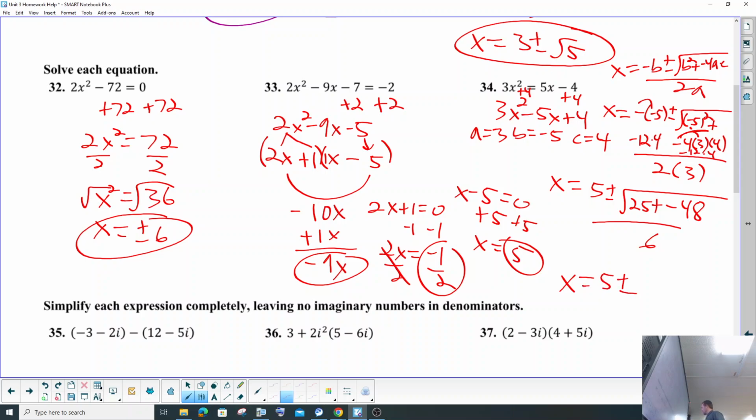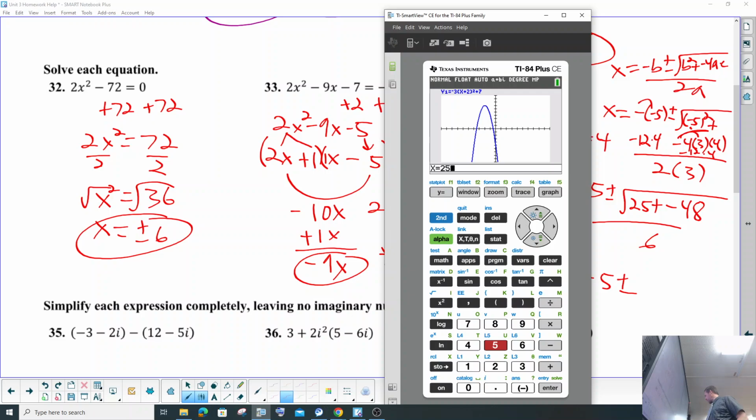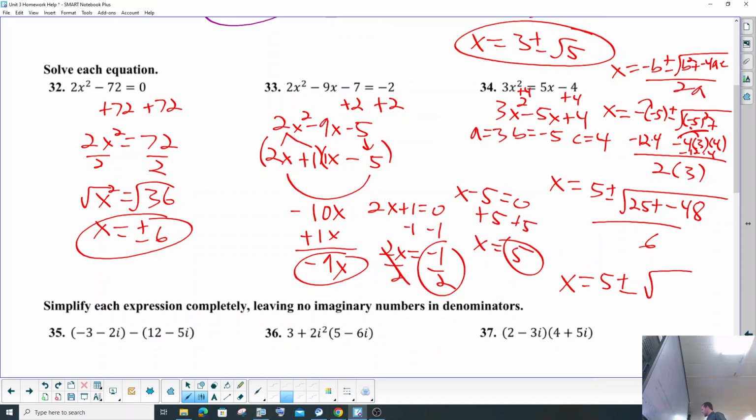So we get 5 plus or minus. What's 25 minus 48? It's negative 23. So the only thing we can do there, you guys, is pull out an i. So we get x equals 5 plus or minus i radical 23. 23 is a prime number, can't be broken down more. All over 2 times 3, which is 6.